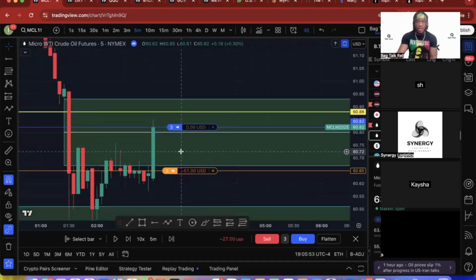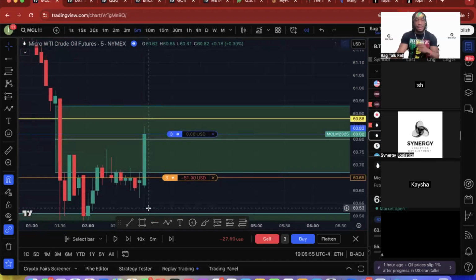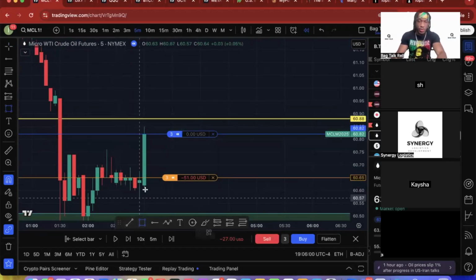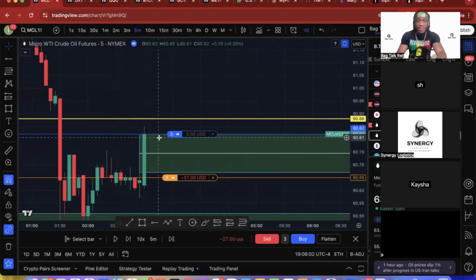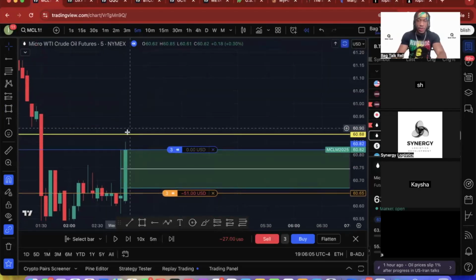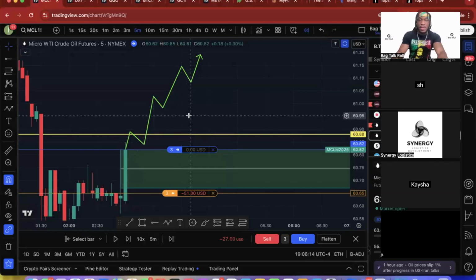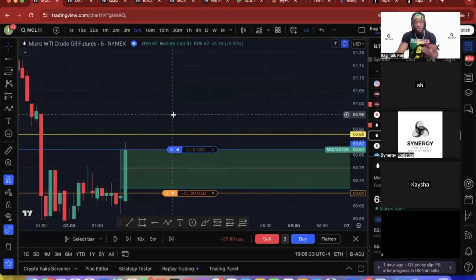In certain situations, if we do create a fair value gap right here, this very same fair value gap will not get traded back to. So we'll create it and just keep moving on. That means I literally got a sniper entry with no drill down, because some fair value gaps, I told you this earlier, you do not want price to come back to. That's a great sign.